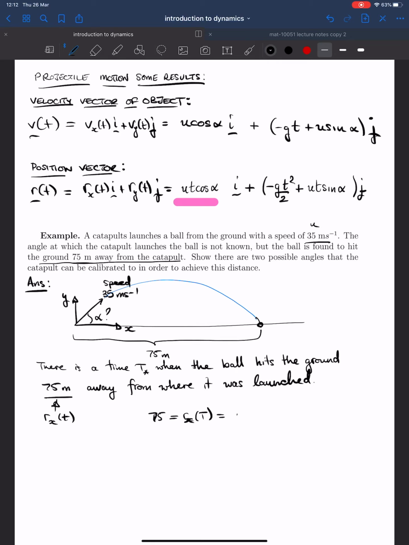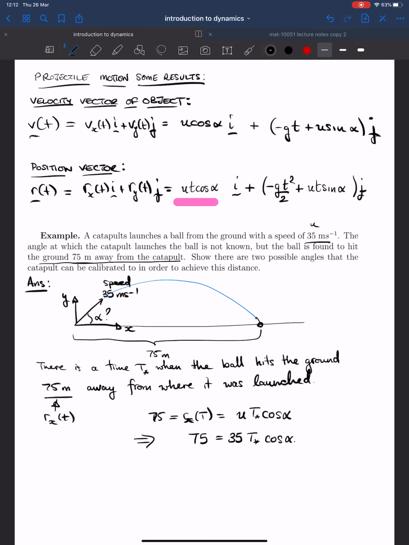Okay, so this is U T cos alpha, which if we plug in what we know, this just implies we have 75 equals 35 multiplied by T star and cos alpha, where alpha's unknown.